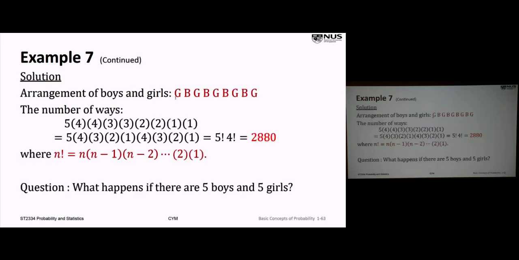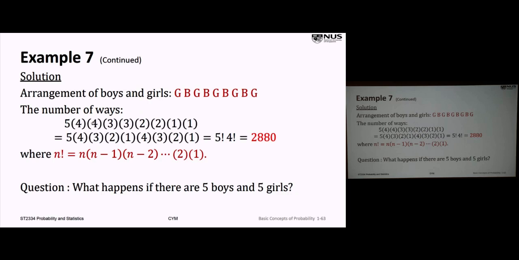So first time out, I can choose any of the 5 girls, so that gives me 5. That's my first experiment. My second experiment, now I need to choose a boy. There are 4 boys, so I now have 4 choices. Now my third experiment, I have another girl, but I've already chosen one from before, so I started with 5, I'm now down to 4 girls, so there are 4 possible outcomes.